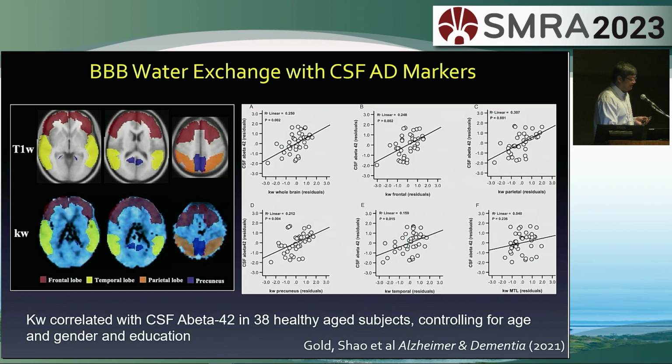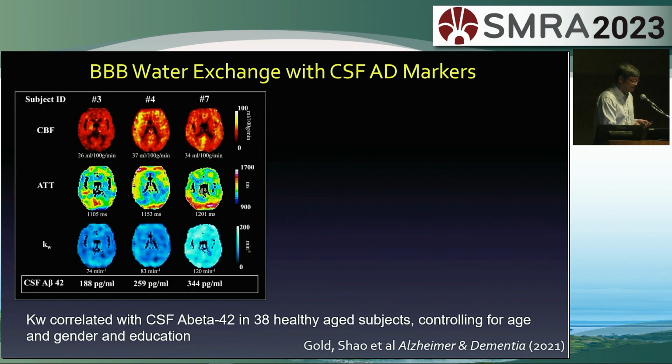Higher KW correlates with higher CSF A-beta, which means the parenchymal A-beta is lower. So higher KW means lower brain amyloid deposition, which is consistent with the lymphatic theory.